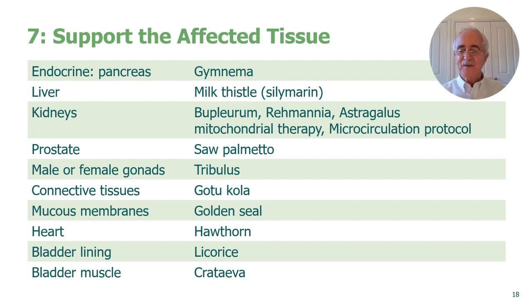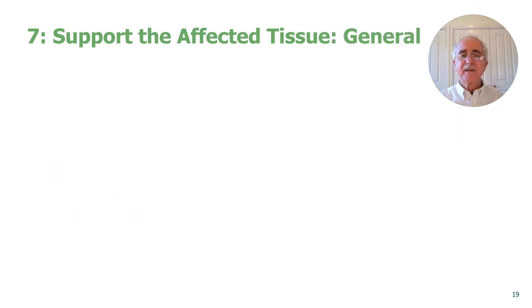So what do you do if the particular tissue you want to support isn't on that list? Because that list essentially is comprehensive of what we know to date that's credible. You may come up with others, but I believe these are the credible ones. Well, we can apply a general strategy. Microvascular support, that's one of the protocols in functional herbal therapy you can use.